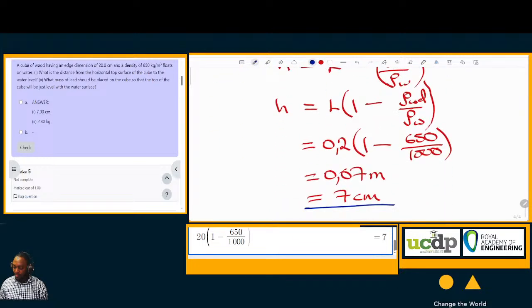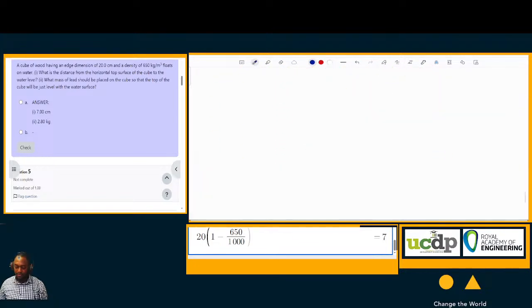Now the question goes on to say, what mass of lead should be placed on the cube so that the top of the cube will just be level with the water surface?